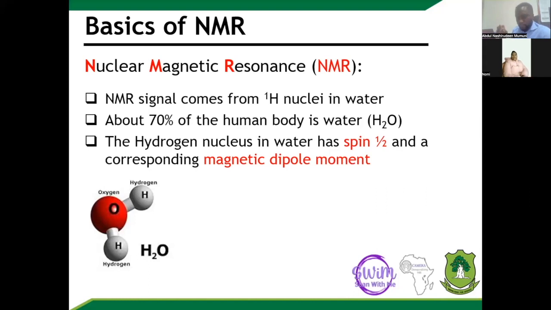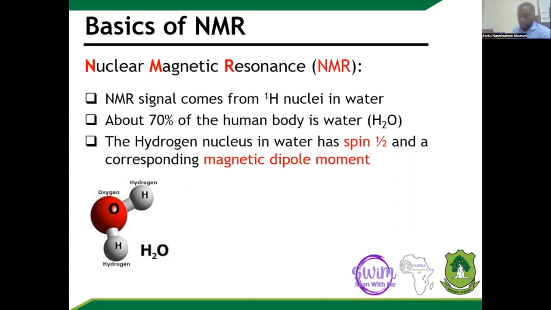Now, the fundamental requirement of any specimen that needs to be imaged using MRI is that the specimen should have hydrogen nuclei. And in the human body, water constitutes more than 70% of the human anatomy. And within water, we can find loads of hydrogen atoms.